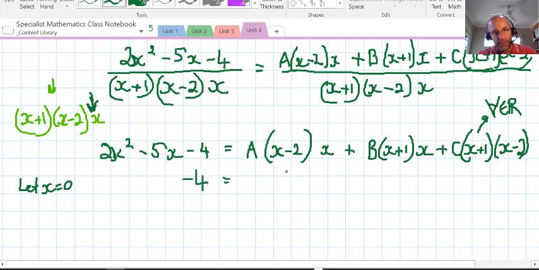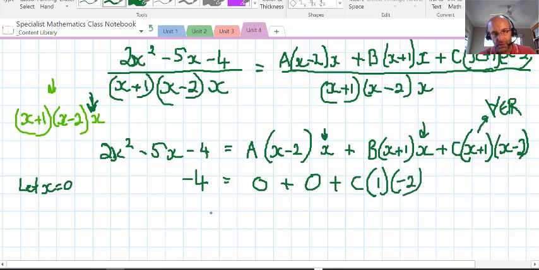The first term here involving a will be 0, because x equals 0 due to that term there, the whole thing, null factor. So 0, and the middle term due to that, 0. The third term involving c, we have c times 1 times negative 2, which is no big deal. Okay, so we have negative 2c equals negative 4, so c equals 2.